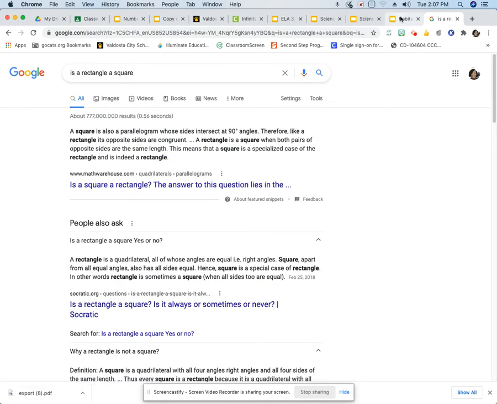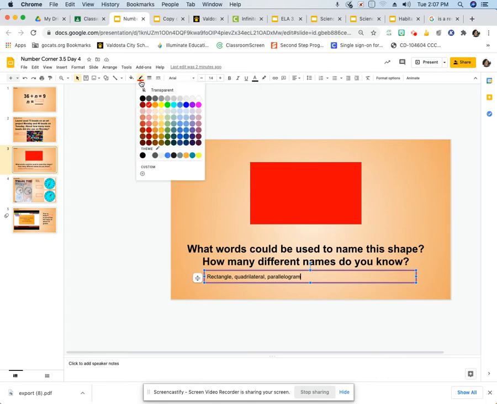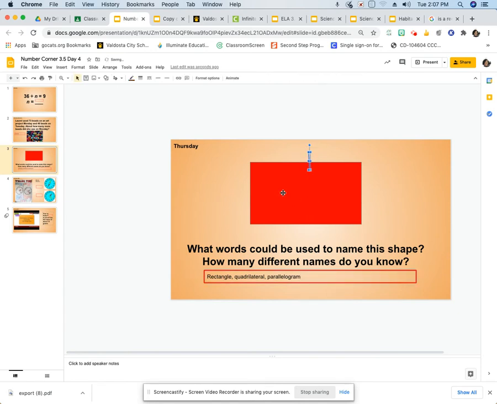All right, so let's go back over here to the slides. Okay, so we have rectangle, quadrilateral, parallelogram because of the opposite sides. You have this side here. Let me use my little squiggle here. We have this side and this side, which are opposites. They are parallel, they don't touch.